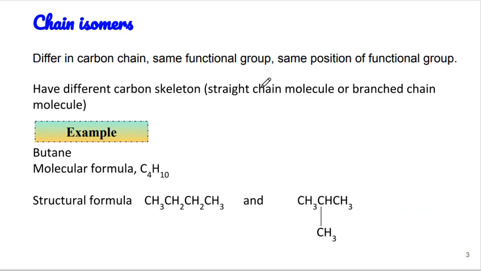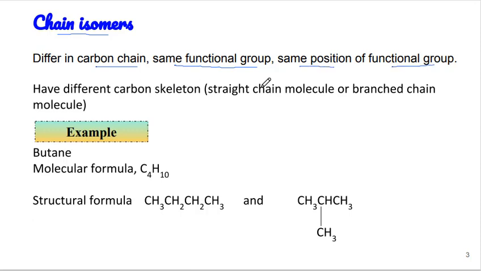Okay, so first we will look at chain isomer. Okay, chain isomer tu dia berbeza in terms of dia punya carbon chain. Okay, kalau ada apa-apa functional group dalam chain isomer, contohnya chlorine ke, and then alcohol ke dan sebagainya, functional group dia tu masih sama, dan position functional group tu pun sama.